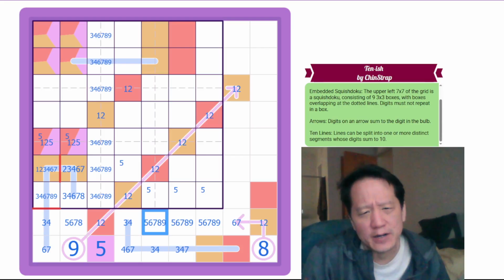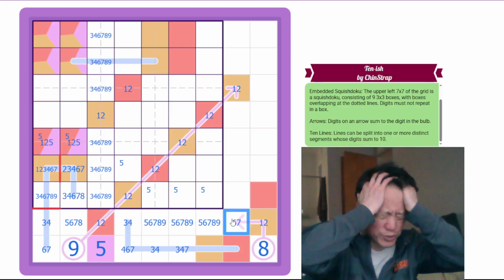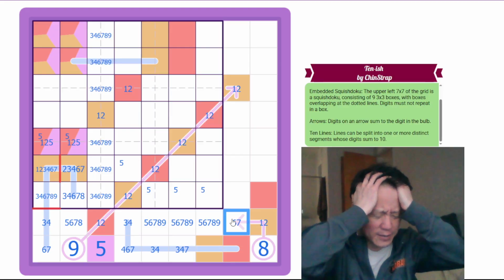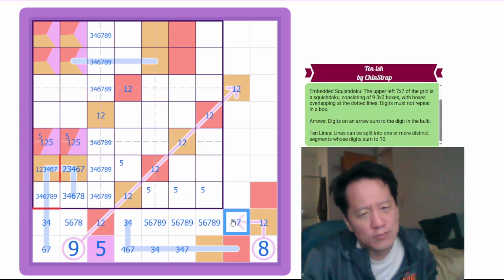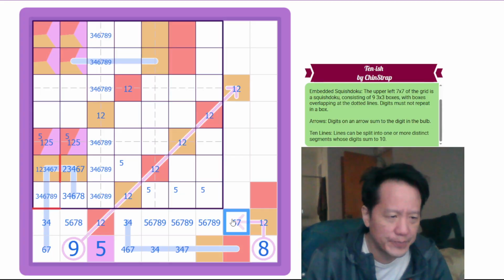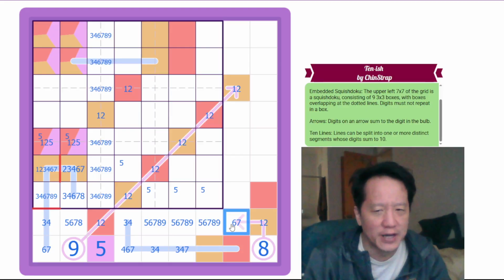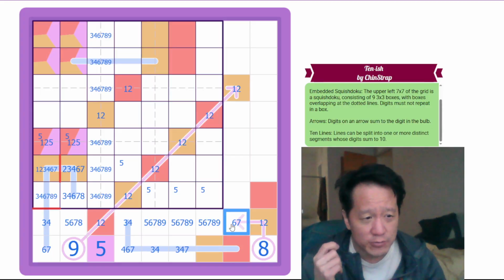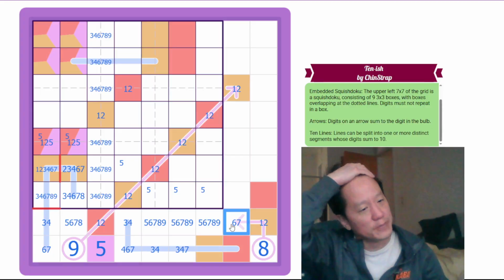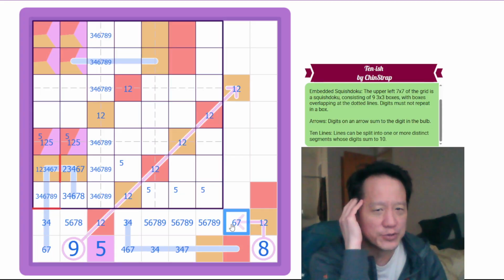There are some interesting relationships between an embedded Squish Doku and a Latin square, but I don't really remember what those are. I did one puzzle that had this setup before, and there were some interesting deductions you can make from it, but I don't remember what those were again.